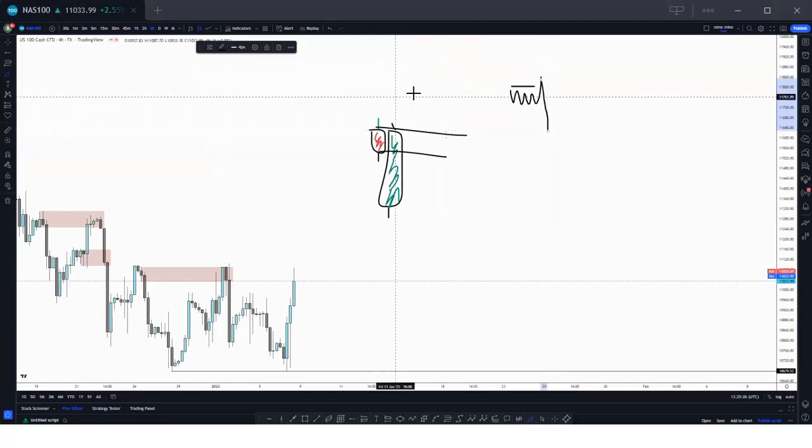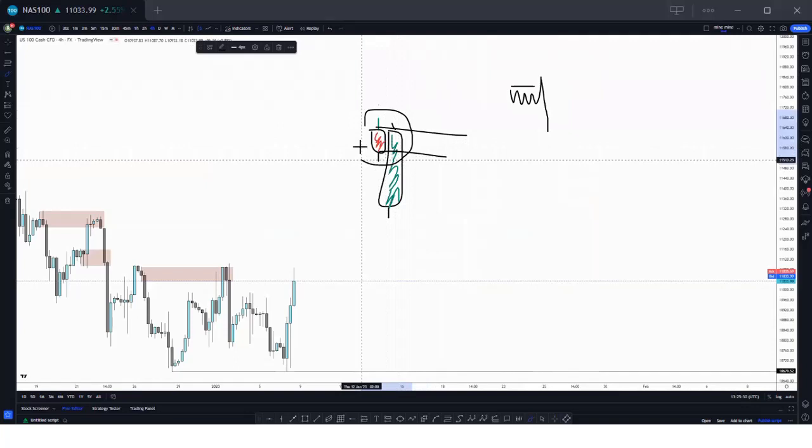So if we add those confluences together, we will be picking an order block at a swing high or a swing low position. If you are looking for an idea of an order block, this is one of the conditions you should write: an order block is high probable when it's at the swing high.